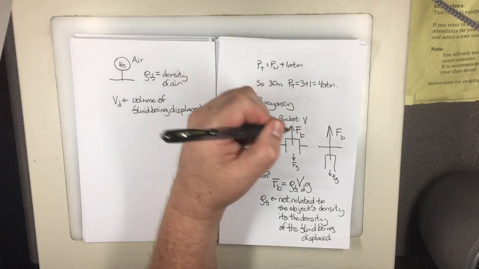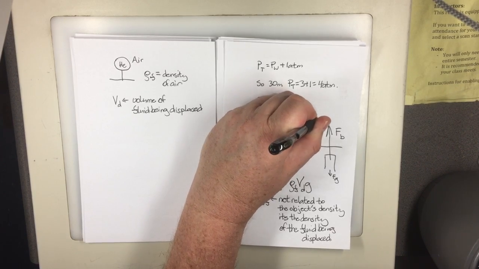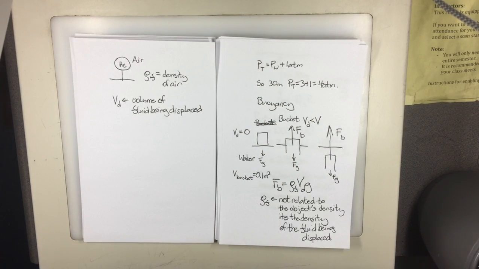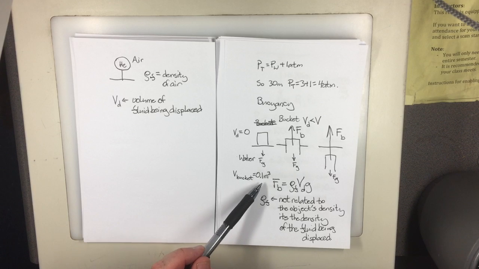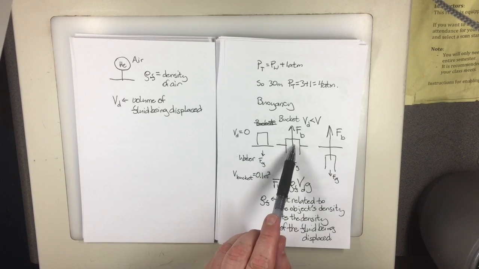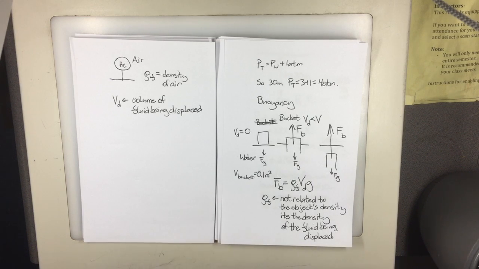Here, the buoyant force has a significant value, but the volume of displacement is less than the total volume. So if the bucket is 0.1 cubic meter, for this value here, the volume of displacement that you use is going to be between 0 and 0.1. Now, what value is it? It doesn't really matter.